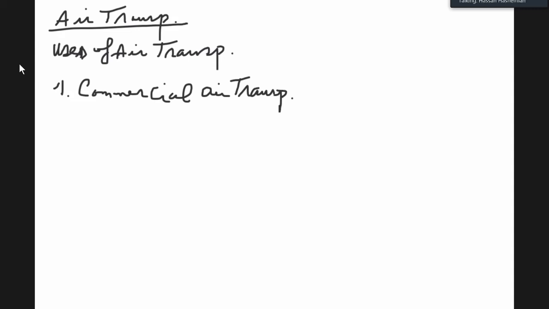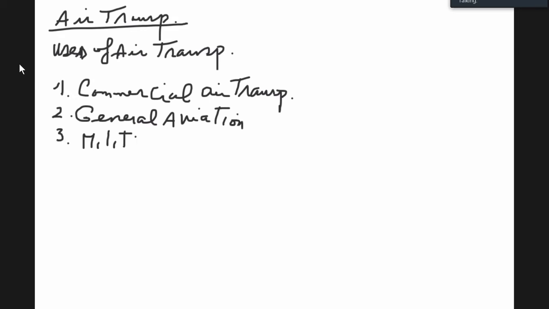And then we have general aviation. And then we have military. So these are the uses of air transportation.